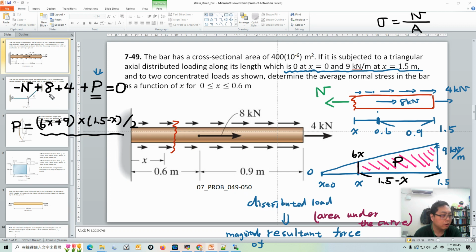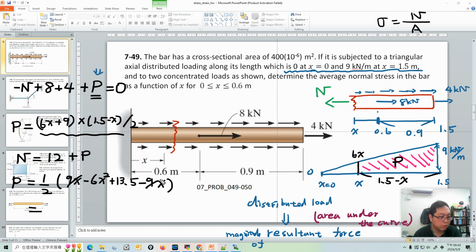So what is our normal force? Don't forget, the normal force is equal to 12 plus P. Let's calculate P: divided by 2, it's 9x minus 6x squared plus 13.5 minus 9x. Did I calculate wrong?